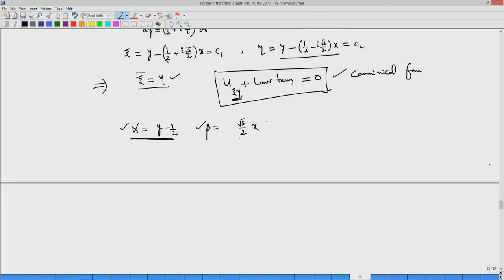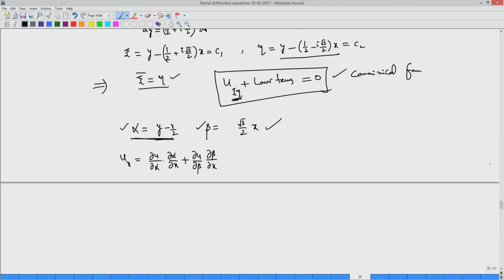So these are the new variables you look for, then you try to see what is your ux. Ux is dou u by dou alpha times dou alpha by dou x plus dou u by dou beta times dou beta by dou x. This is not in terms of xi and eta, since they are complex functions; you choose only the real and imaginary parts of xi and eta. Then you can choose these new variables as alpha and beta.